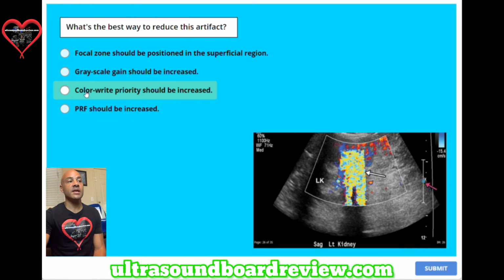The answer is C, the color write priority should be increased. What you want to do is increase your color write priority, decrease your PRF, decrease your grayscale gain, and position your focal zone to deeper regions.